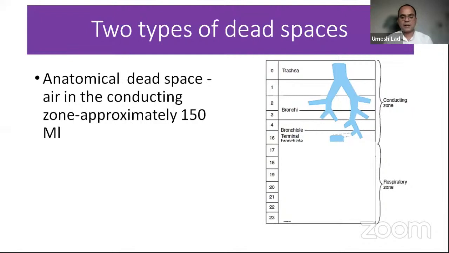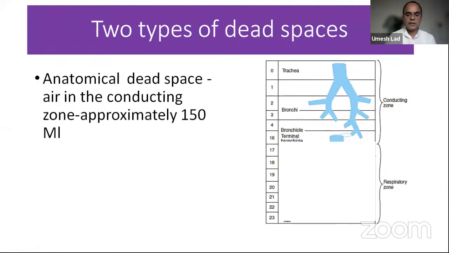There is no exchange possible if the air is inside this place. It starts from the trachea and ends at the 16th terminal bronchiole, and that's why it is called only the conducting zone, because its role is only to conduct the gases. If you see here, it is called the conducting zone, and this is the diagram which we looked at in our first few classes.